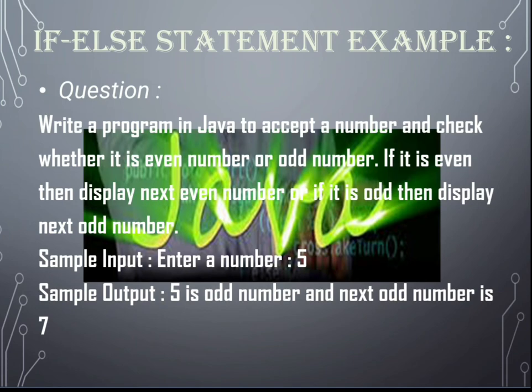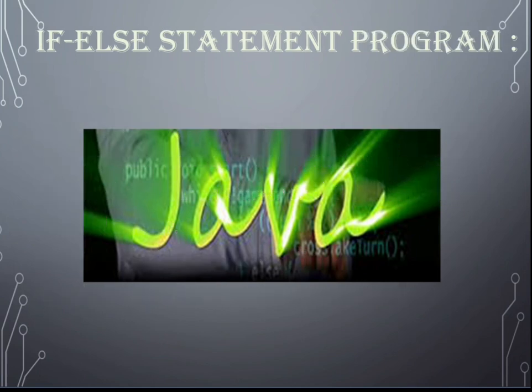But 5 is exactly an odd number. That's why we are getting the output that 5 is an odd number and the next odd number is 7. After 5, we are getting 6. 6 is even. The next odd number is 7 only. We have to display this.